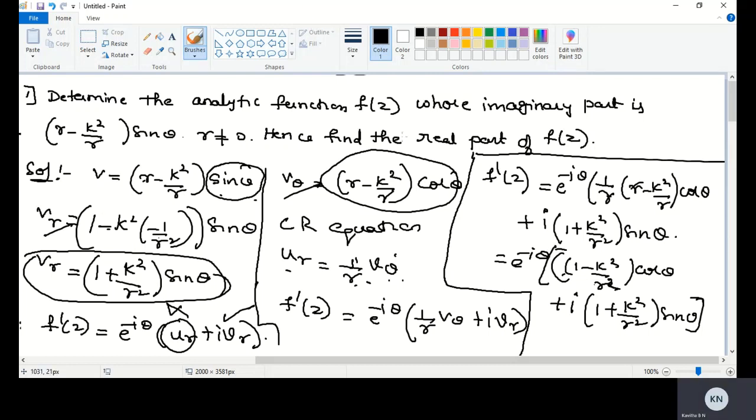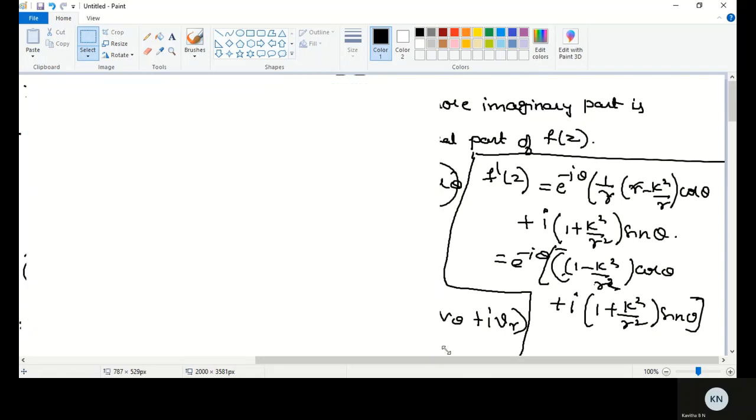The next step, what we have to do: here we put r is equal to z and θ is equal to 0.